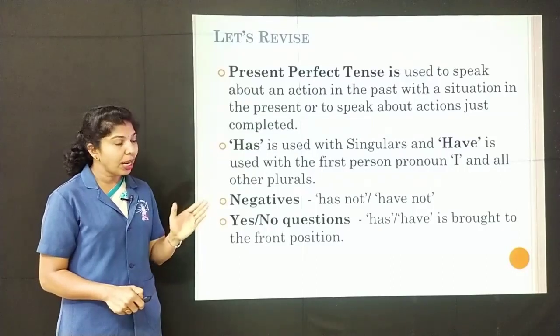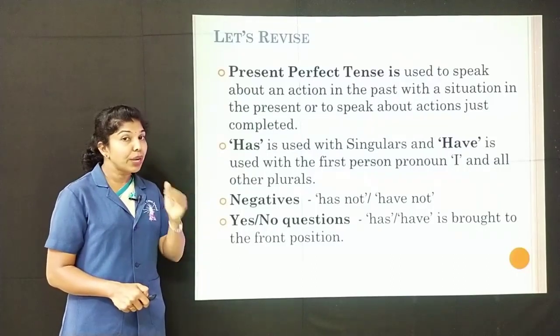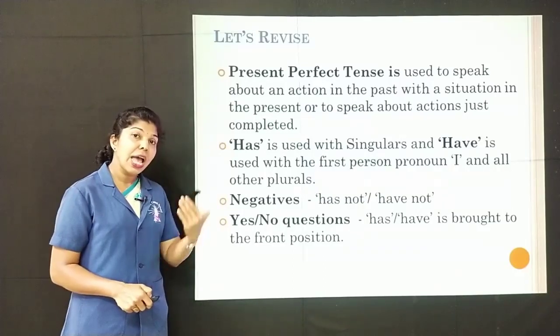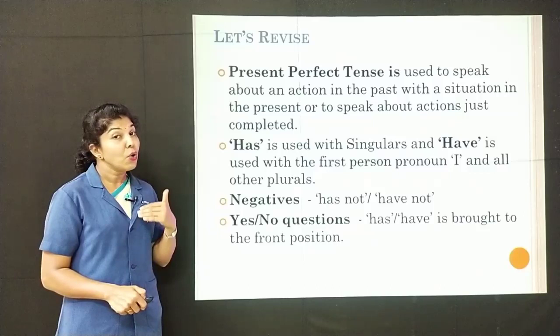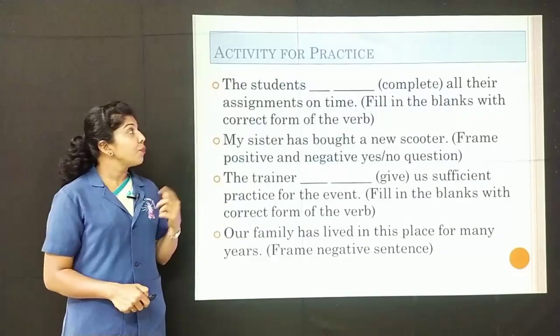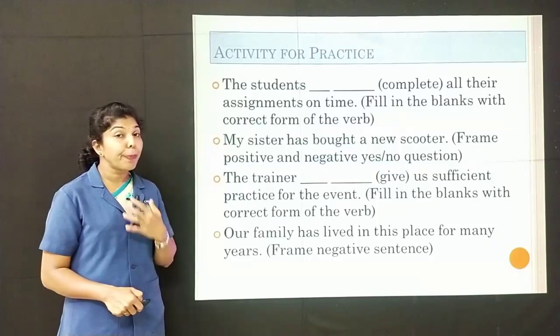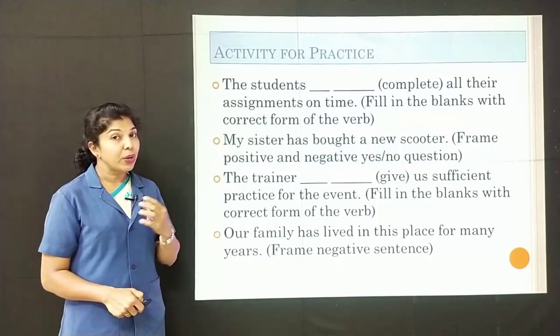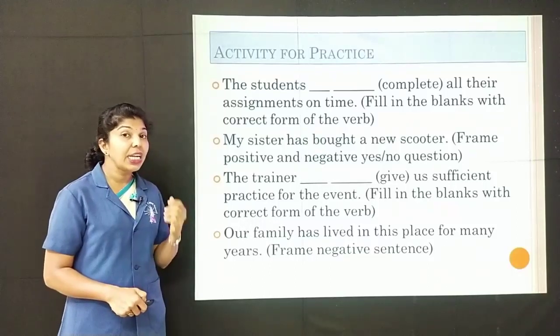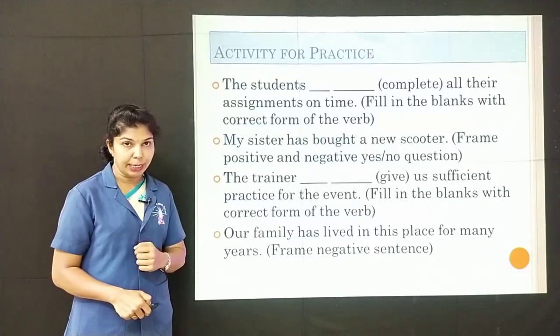By adding not after has or have, we frame negative sentences. To frame yes or no questions, has or have is brought to the front position. Now here are a few sentences for you to practice. What I would advise you to do is take them down in a notebook and try doing them independently.